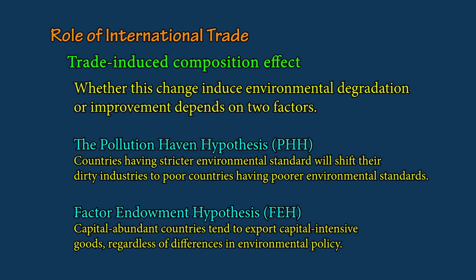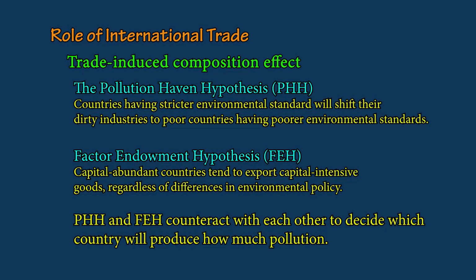It says capital abundant countries tend to export capital intensive goods regardless of the differences in environmental policy. And the net composition effect is the net effect after the counteraction between these two hypotheses, PHH and FEH. And this will decide how much pollution will be generated as a result of international trade in a country.